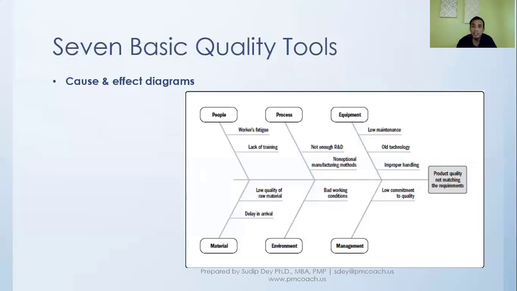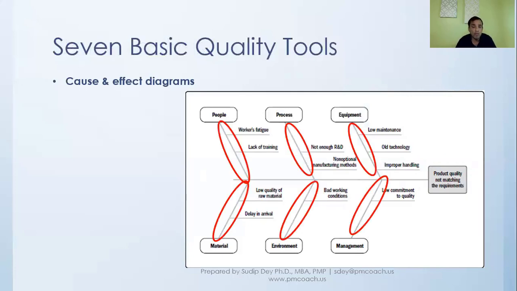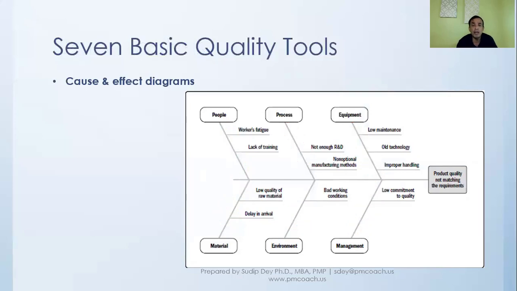Why? Is it because of the material? Is it because of the environment, management, people, equipment? Why? And then once we go to that level and we realize probably that people is fine, process is fine, but probably material is the problem, then we go one level below and see why.